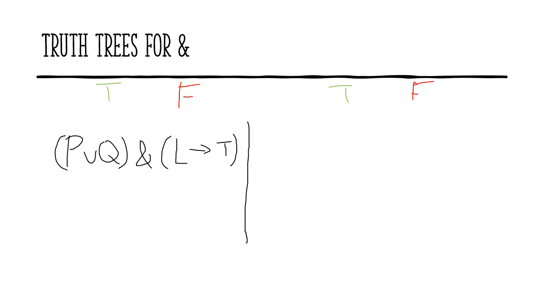Now, what's important when we're doing logic is to identify the main operator. That's why we have the parentheses. And here, this is telling us the main operator is the ampersand. It's operating on this and this. So what we're going to be focusing on is the ampersand.